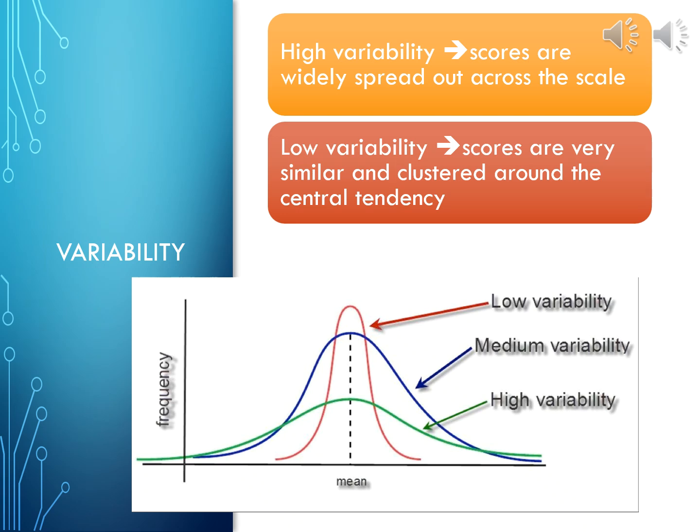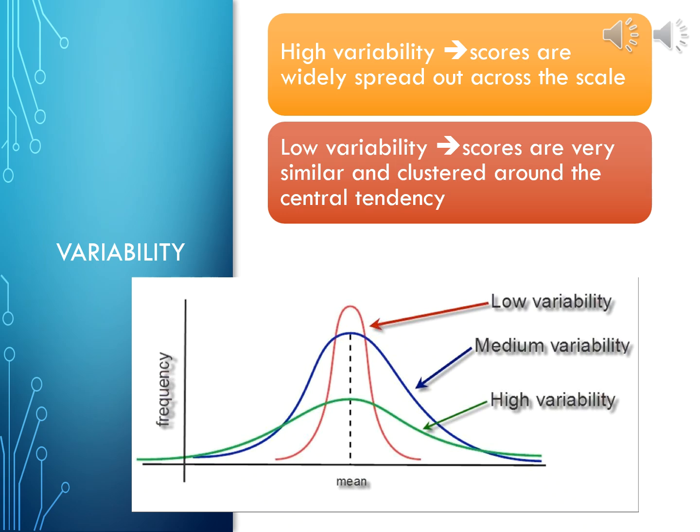Now, all three of these distributions actually have the exact same mean, but they have really different amounts of variability. The high variability means that those scores are really spread apart, that bottom distribution in green, versus the low variability distribution in red, which is really tightly packed. So the scores are really similar to each other, and they cluster around the mean.